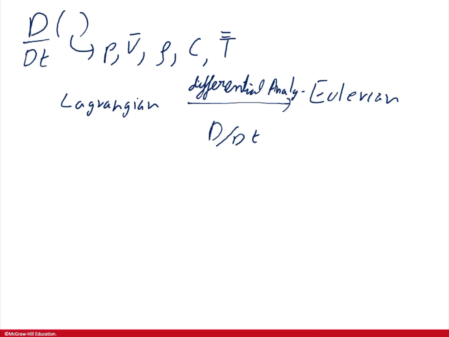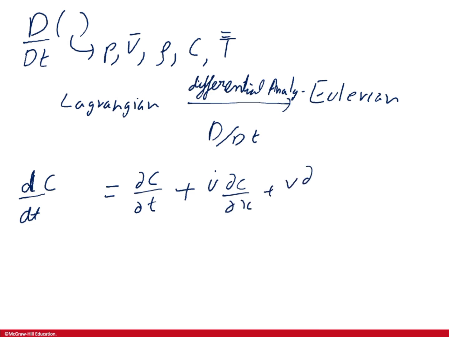Okay, so again, if you want to expand this operator so that you clearly remember or see, you have DC/Dt of this concentration term equal to the partial time rate of change of concentration plus u dC/dx, where u is just the velocity component in the x direction, plus v dC/dy, plus the velocity component in the z direction, w, times dC/dz.